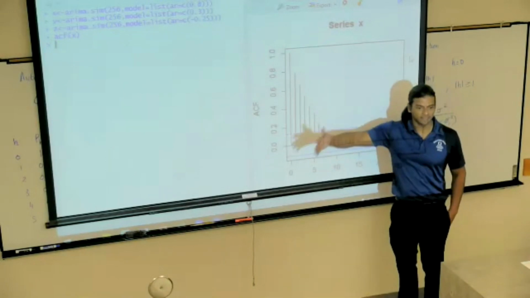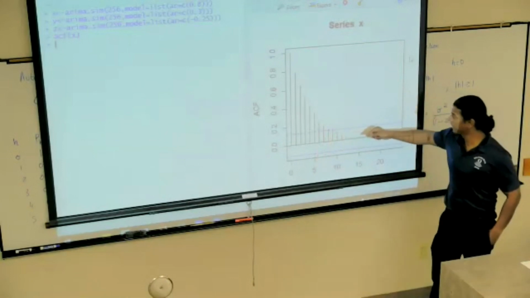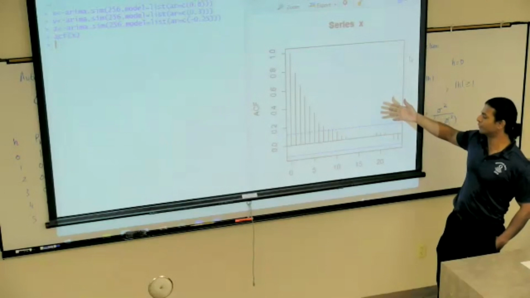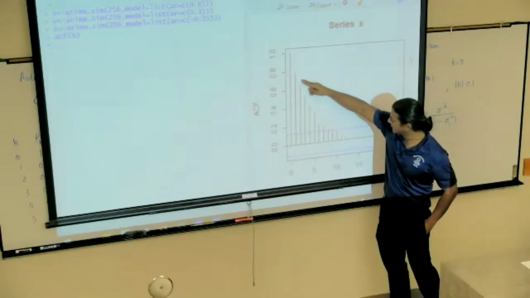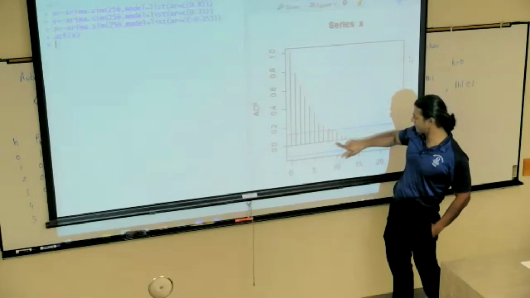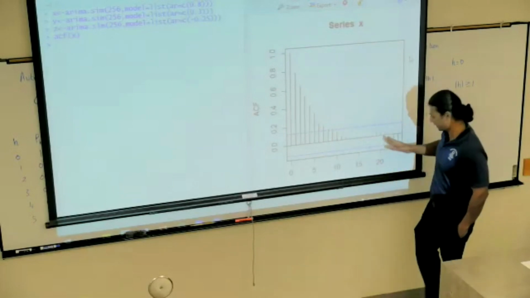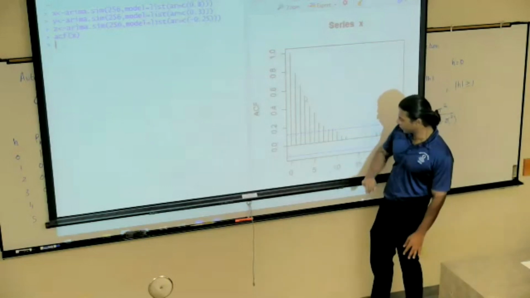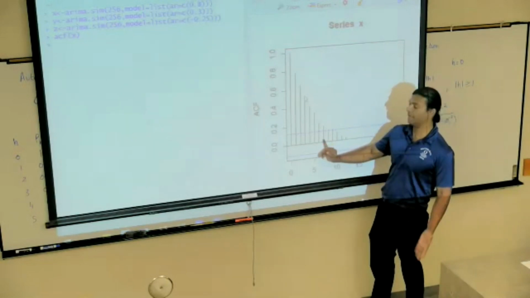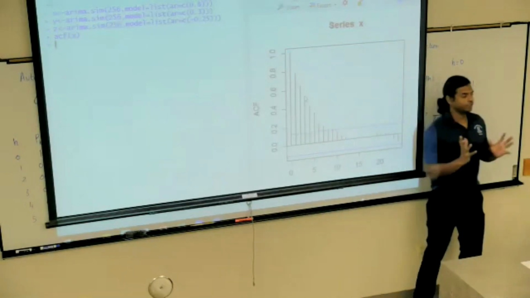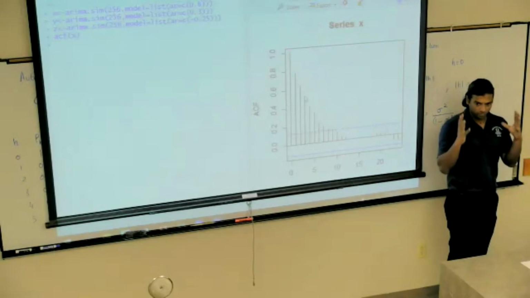So it is an AR(1) model, but it's decreasing, and at step 8 it becomes insignificant, and past 8 it's just gone. We shouldn't be looking at 20. That dotted line indicates whether you have a significant correlation or not.